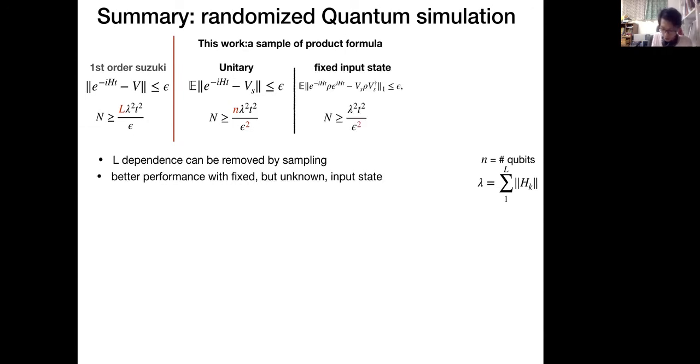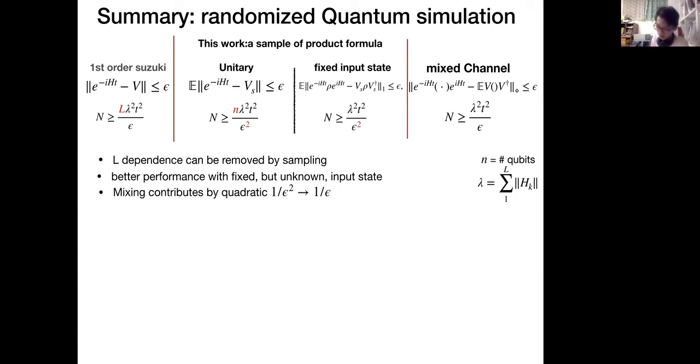And interestingly, the gate count gets better if you fix an input state. And our algorithm does not care about what input state you choose, it can be arbitrary. And this improvement is only coming from the fact that we're dealing with vectors, but not matrices. And this distinction is subtle and it's quite unique in the randomized setting. And this is not usually discussed in a deterministic setting.